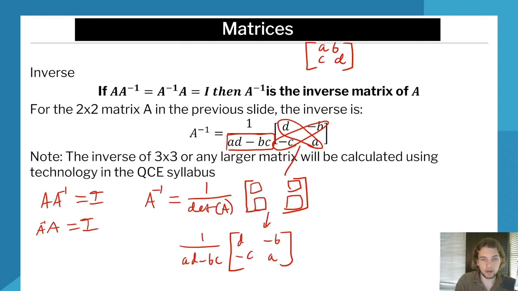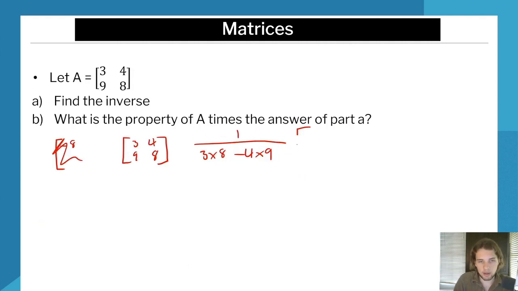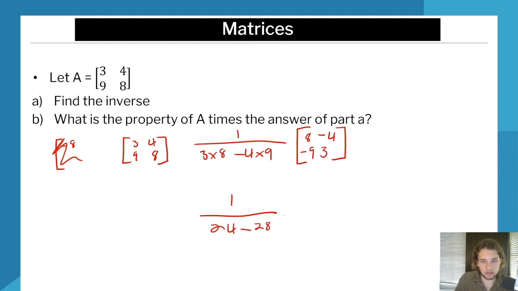We have to put 1 over that determinant, and then this factor over here, we flip the 3 and the 8, and we put -9 and -4 here. So that is 1 over 24 minus 36, 8, -4, -9, 3.